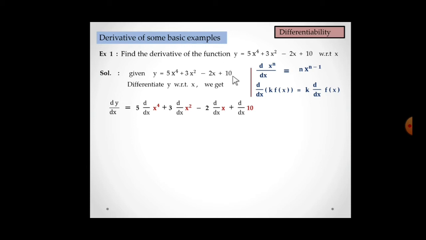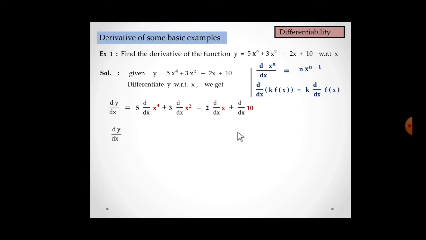This is not multiplied by any x variable, therefore that also you have to differentiate. Here also we have constants, but the difference is those are multiplied by some variable function, while this is not multiplied by any x variable, therefore this we have to differentiate. I hope you got it, how to identify a constant function.